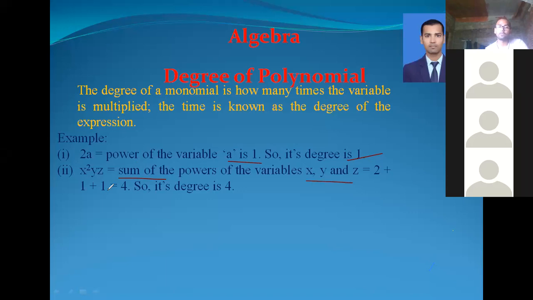So 2 plus 1 plus 1 is equal to 4. So its degree is 4. In this way, we can find the degrees of polynomials as well.